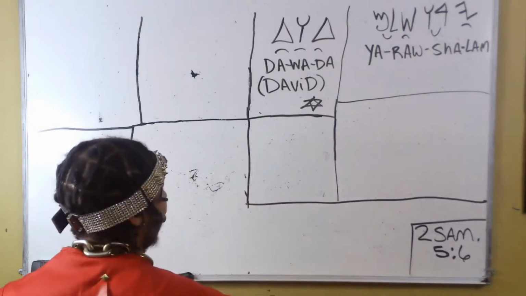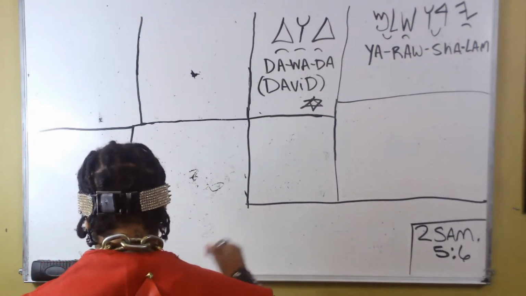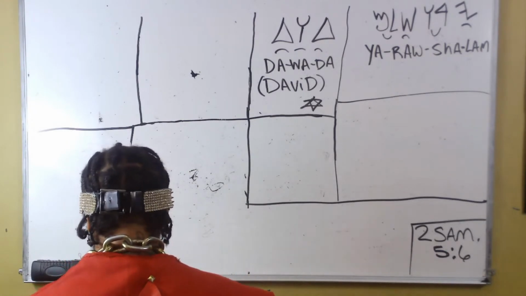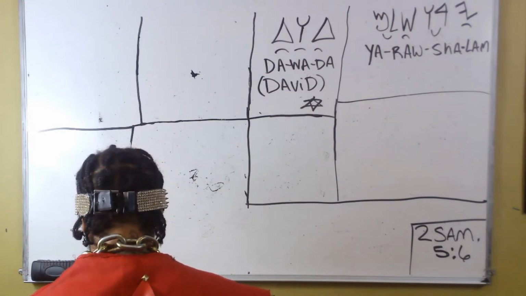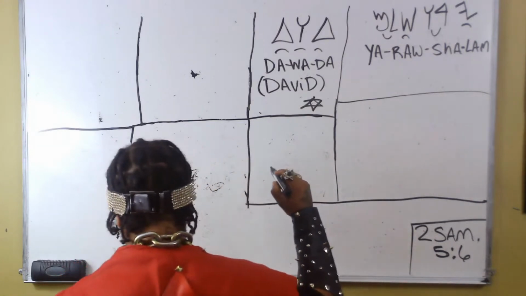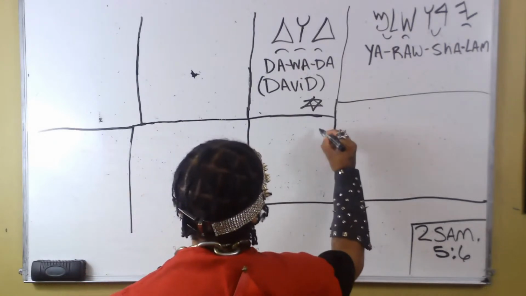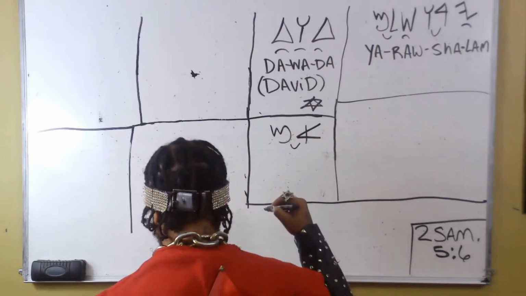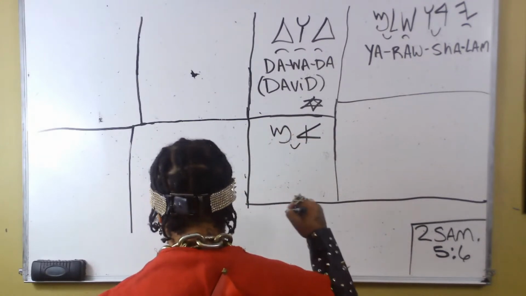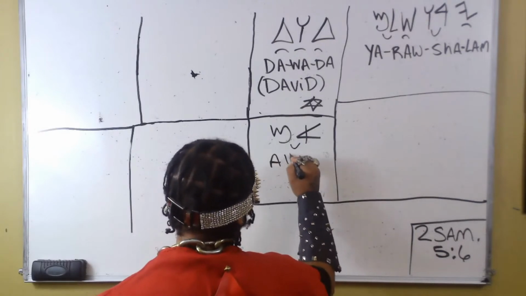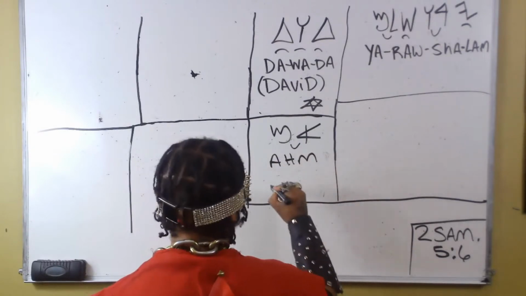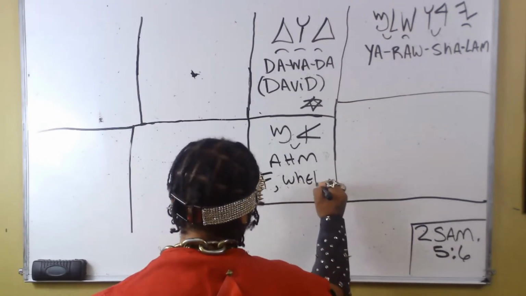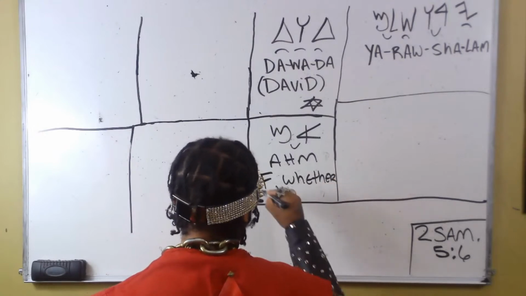Okay? Let's keep going. Anybody type in what Jerusalem means? What does it mean? All right, let's do the next one. The next one is not Amon, but A-H-M. And what it means is it's used as if. It's also used as whether, like whether or not to go.